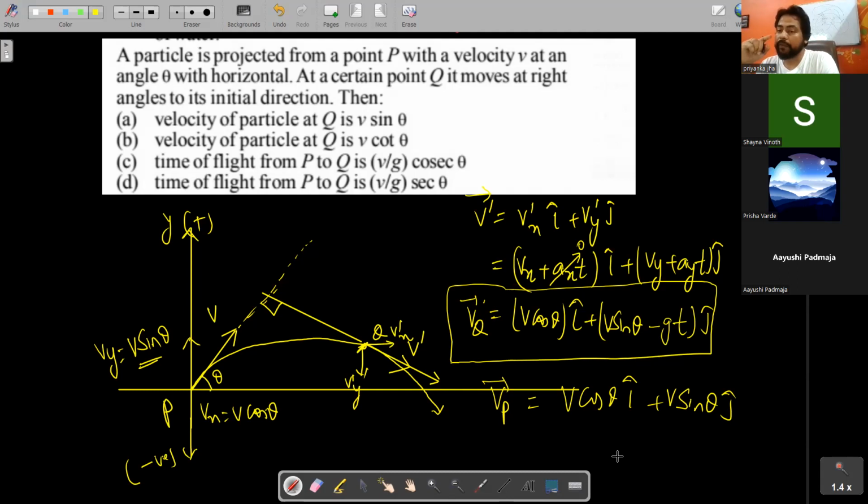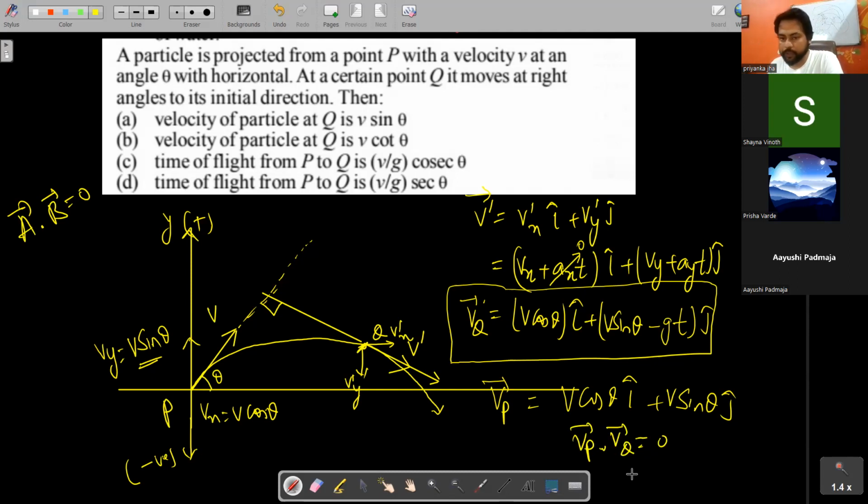Now you see, when two vectors are perpendicular, what property do you apply? Suppose vector A and vector B are perpendicular to each other, so the dot product should be 0. You must have studied this in vectors. So now you have to do Vp dot Vq equal to 0, because these two vectors are perpendicular to each other.